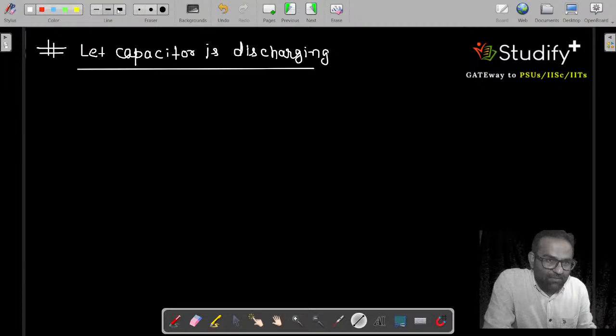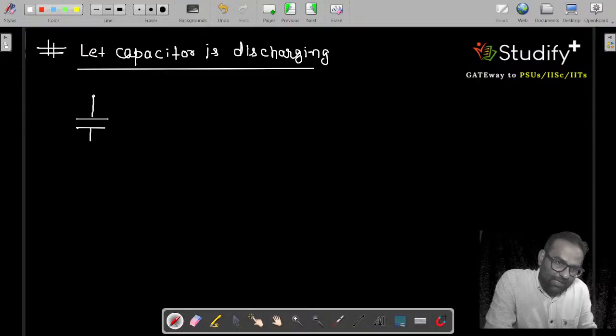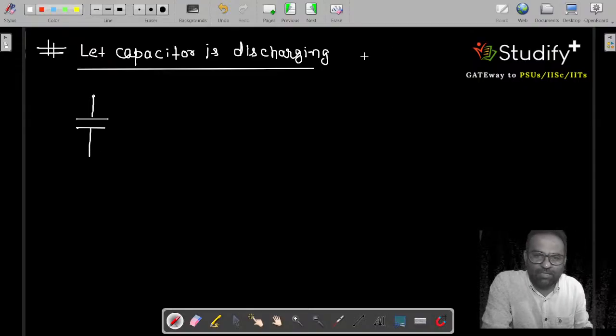Let's say we have one capacitor, and the capacitor has some initial voltage Vc0 minus, and Vc0 minus is, let's say, 5 volt.